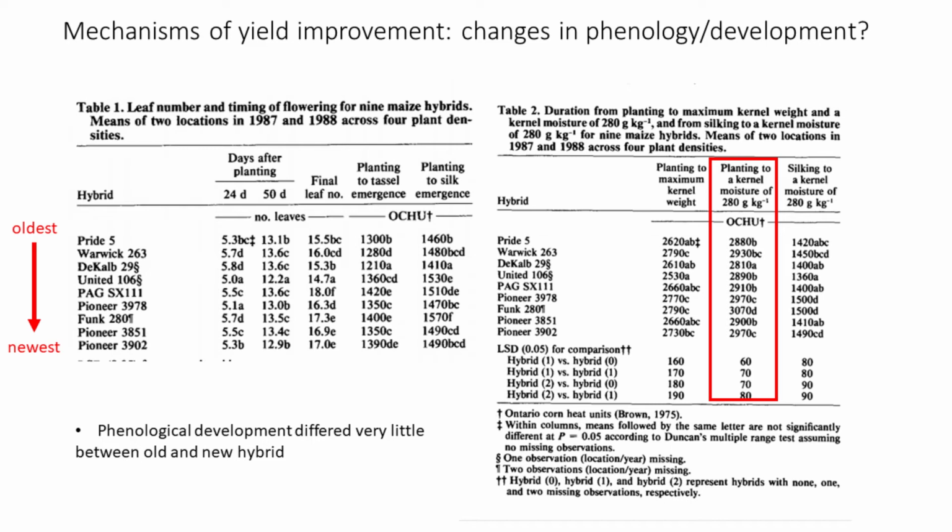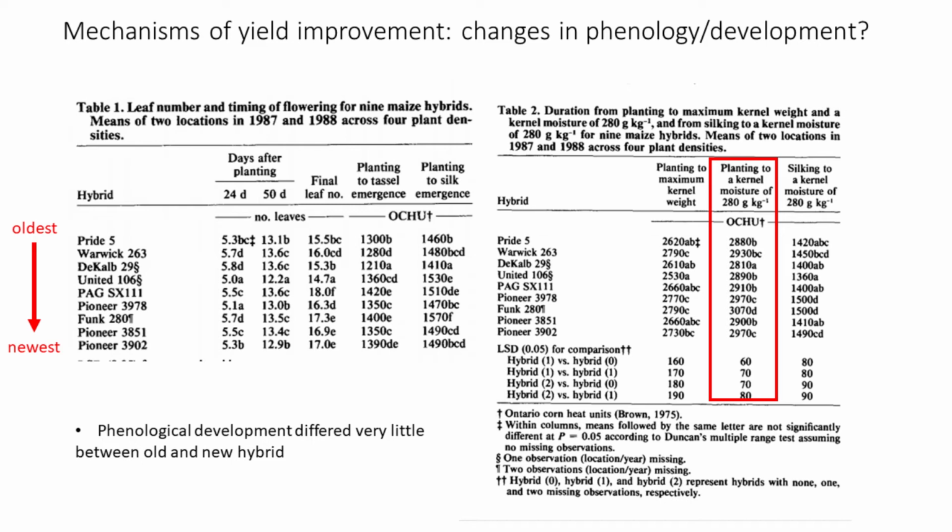So OCHU, that stands for Ontario Corn Heat Unit. Modern days, we just call it CHUs, or corn heat or crop heat units. And Professor McAuliffe showed you a map of Ontario and OCHU accumulation across the province in an earlier lecture.